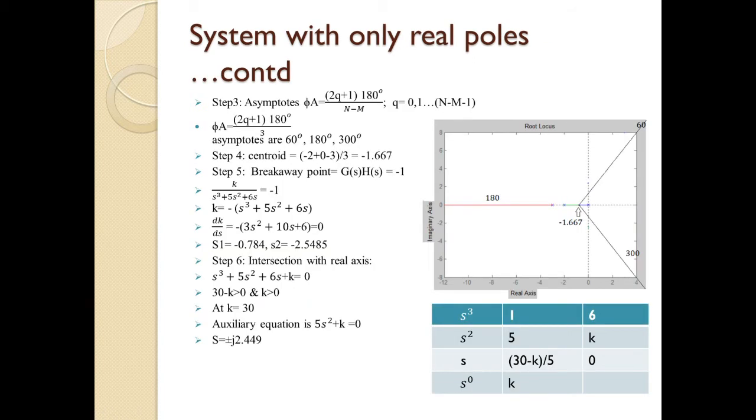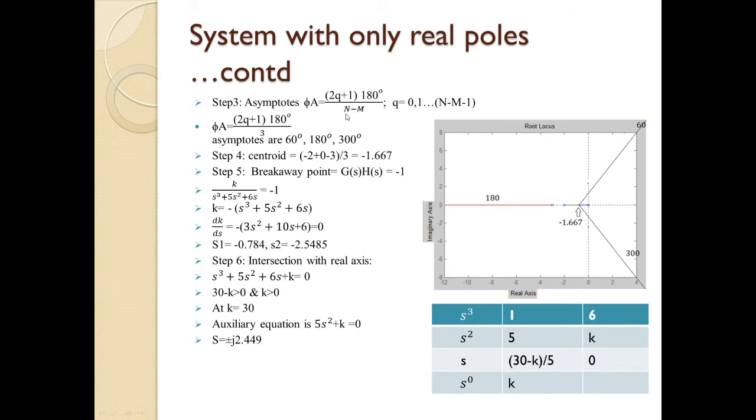Next, we need to find the centroid and the asymptotes. For the asymptotes, the number of poles is 3 and there is no zero, so n minus m is equal to 3. There will be 3 root locus branches going to infinity along asymptotes with angles given by (2q plus 1) into 180 degrees divided by (n minus m).